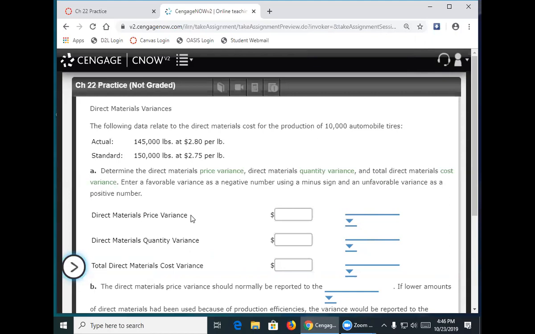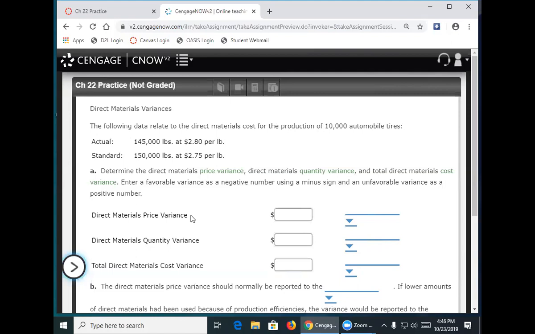If we have a price variance, then we go to the purchasing department and ask, why were materials higher than what we planned? Versus if it's a quantity issue, that goes to the factory supervisor or production department, asking why you are using more materials than the standard. So that's why we break it out into quantity and price.